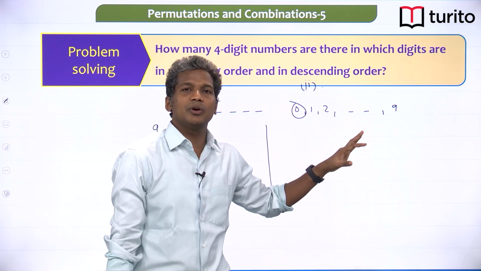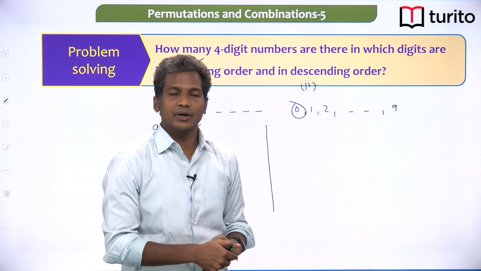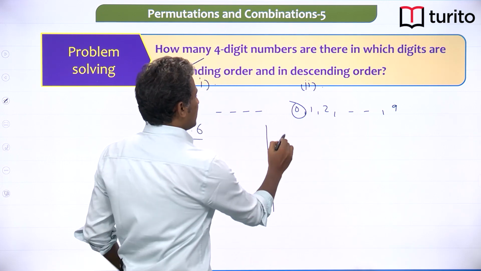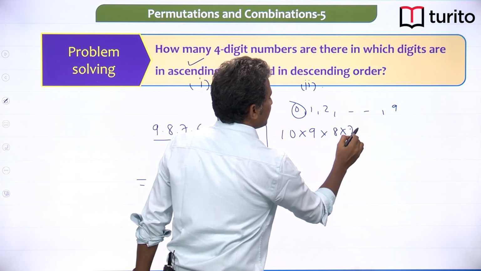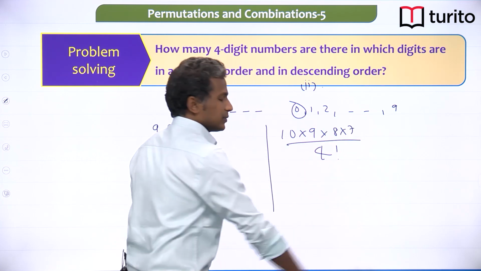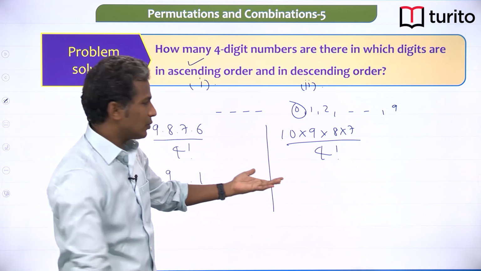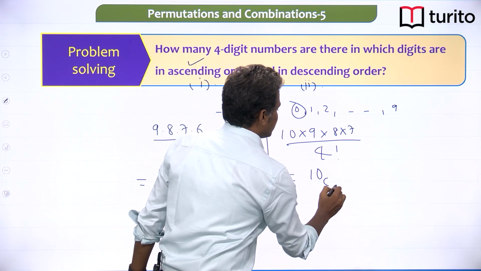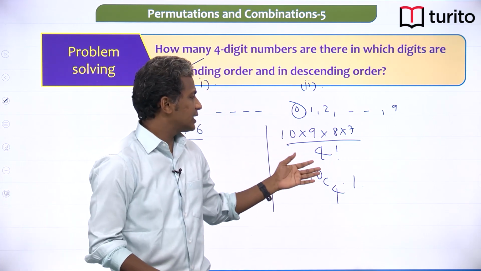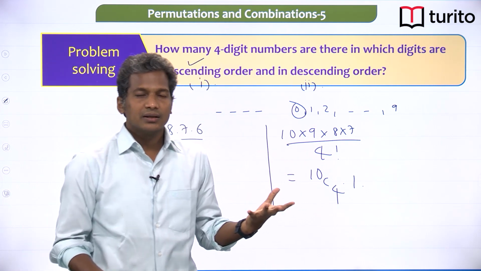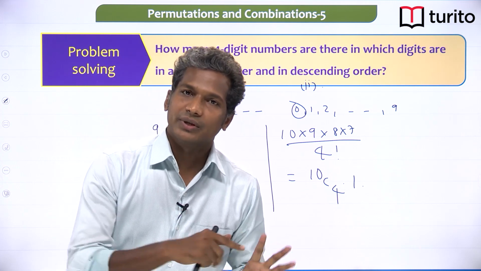Total available options are 10 options. By macro it is 10 into 9 into 8 into 7 divided by 4 factorial, but by micro it is just 10C4 into 1. By the same logic, if you select any 4 digits out of these 10, there is only one descending order.